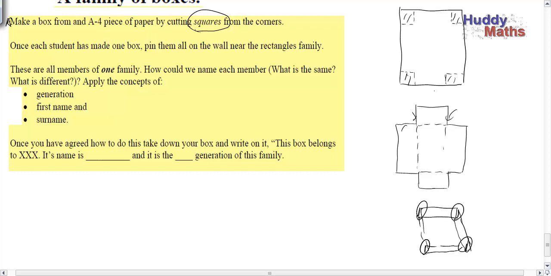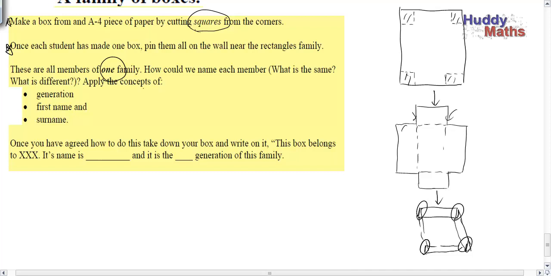Get the idea that we're going to make a little box here, a three-dimensional shape this time, not just a two-dimensional rectangle. You want to pin them up on the wall, and they're all coming out of one sheet of paper. So let's do the same thing. They're all members of one family.